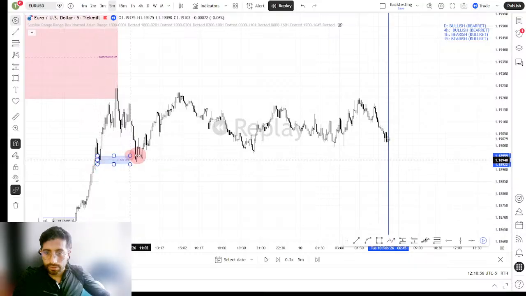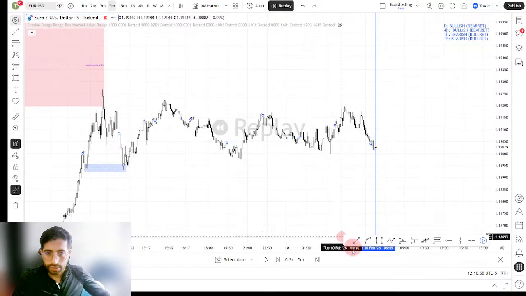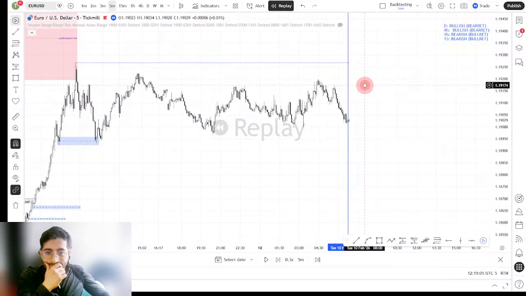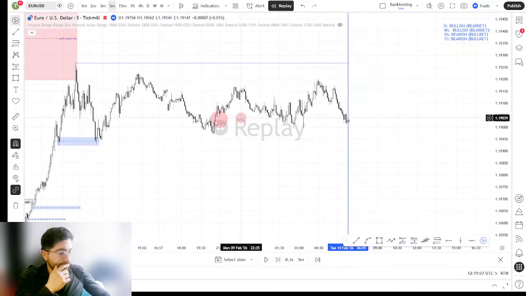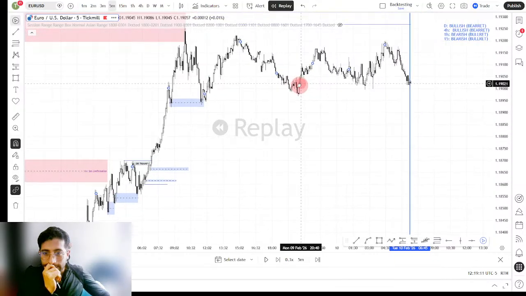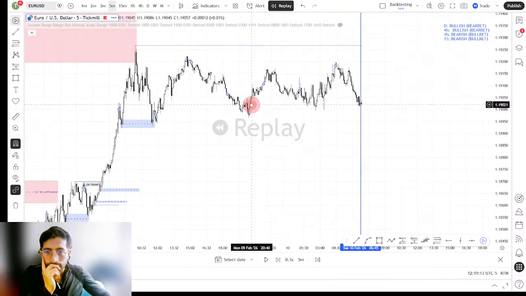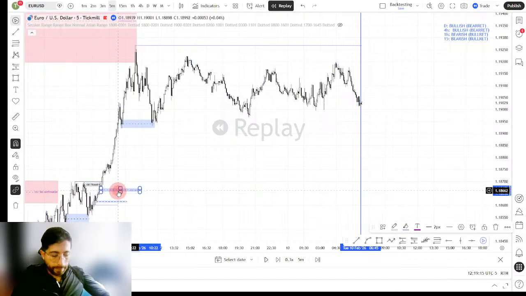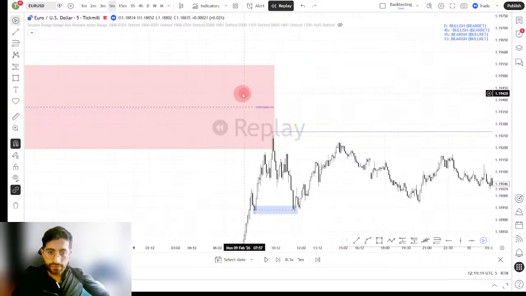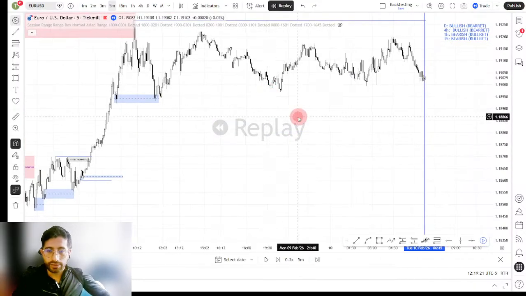It entered here, boom, reacted at this point, and then we got this. This is the high. What I'm waiting for is the next one. As you can see here, in the block it says confirmation in 5 minutes. I need a confirmation in 5 minutes.